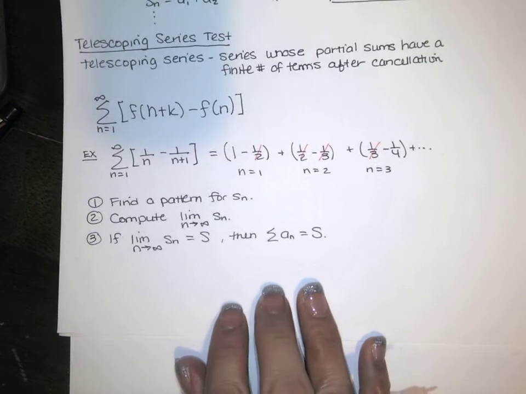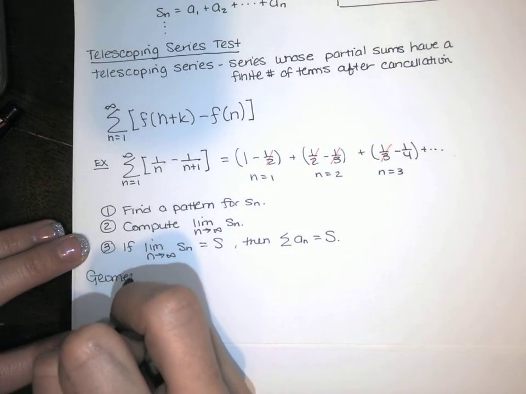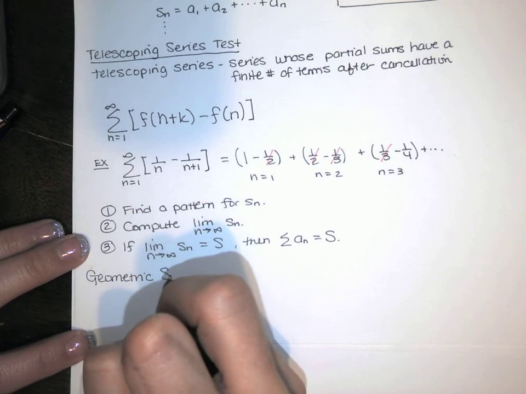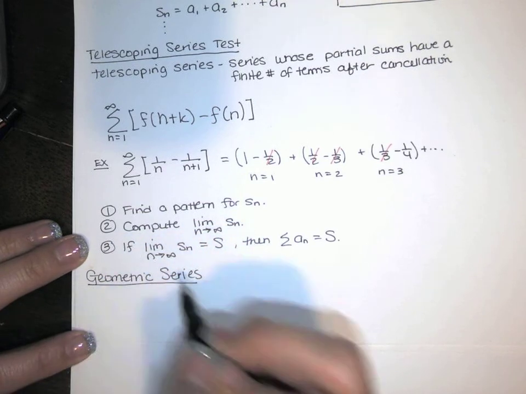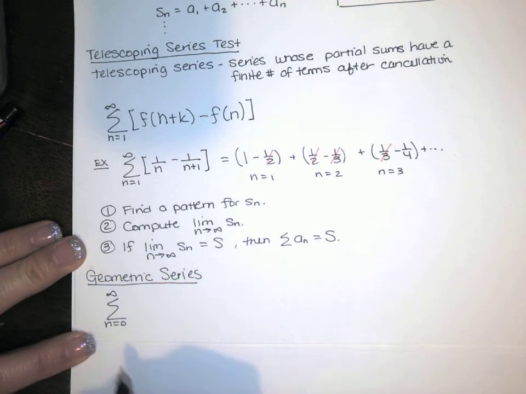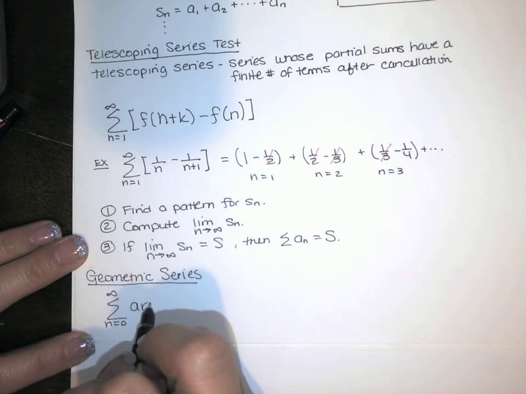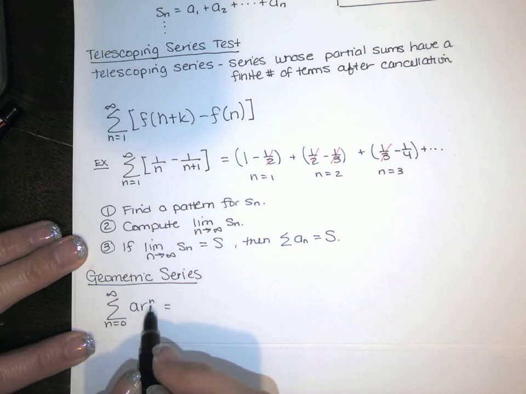Then we also learned the geometric series test. This is one that we refer back to often. Now the form of a geometric series is this. Now sometimes we've got geometric series that aren't written in this form. But remember, if we substitute in n equals 0 here, we have a times r to the 0.